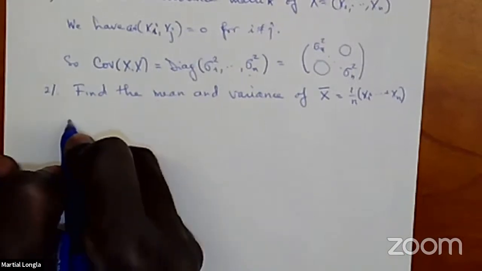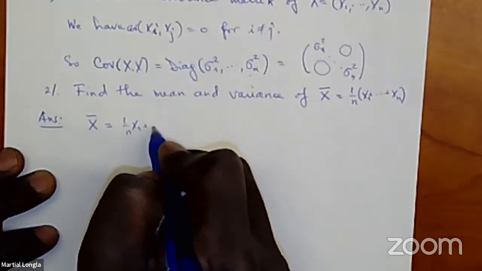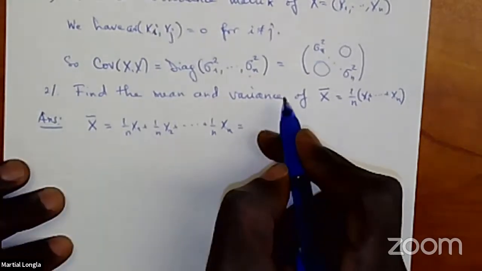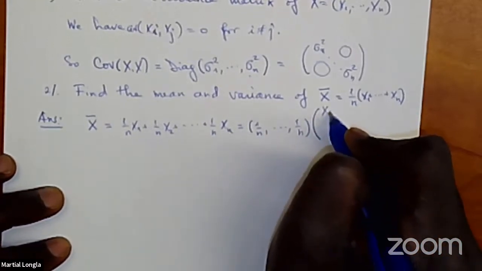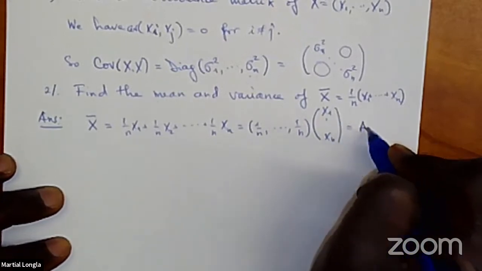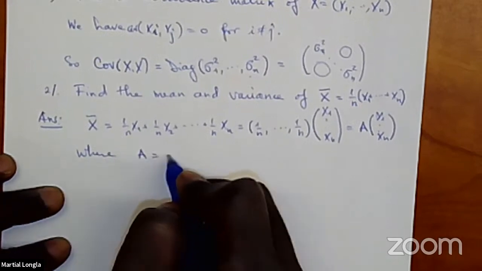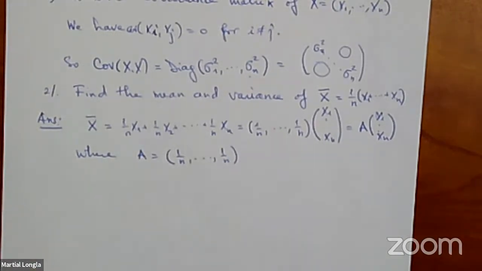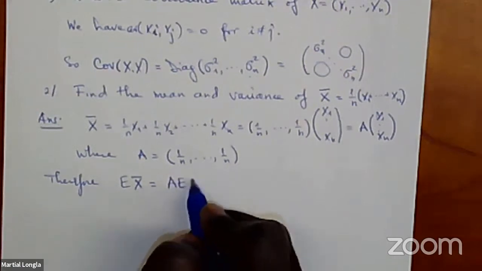I'm going to say that x bar is 1 over n x_1 plus 1 over n x_2 down to 1 over n x_n, which is nothing but A times (x_1 down to x_n), where A is the matrix 1 over n, 1 over n, and so on. Therefore, the expected value of x bar is equal to A times the expected value of x.